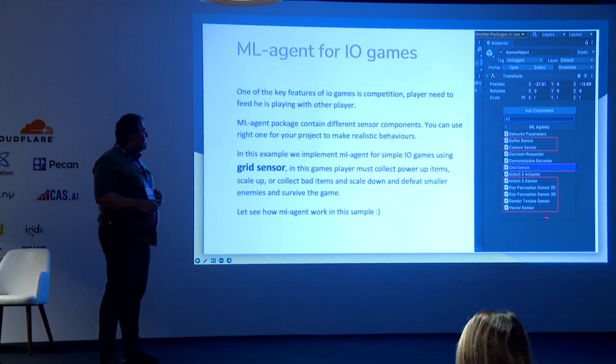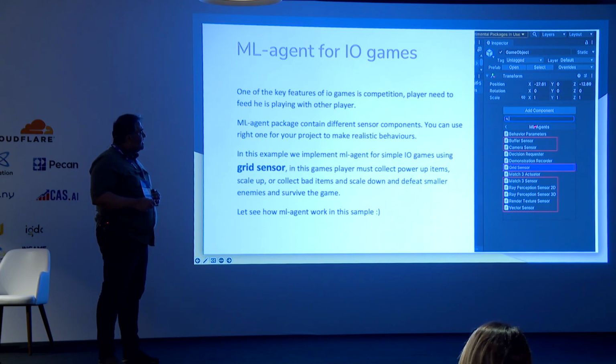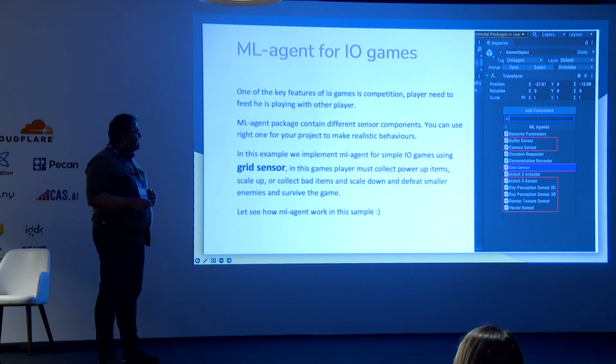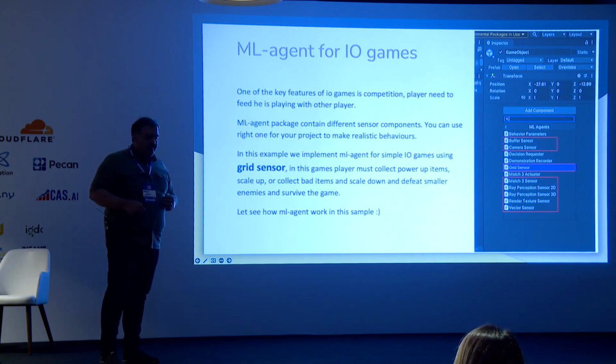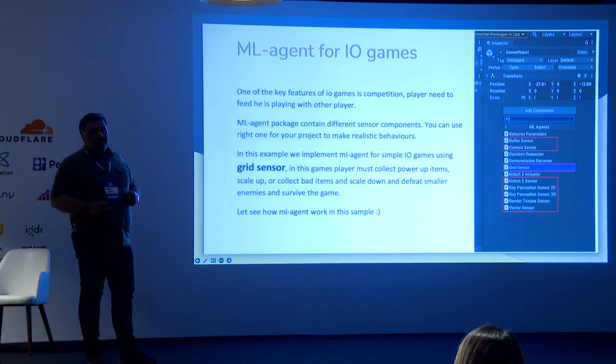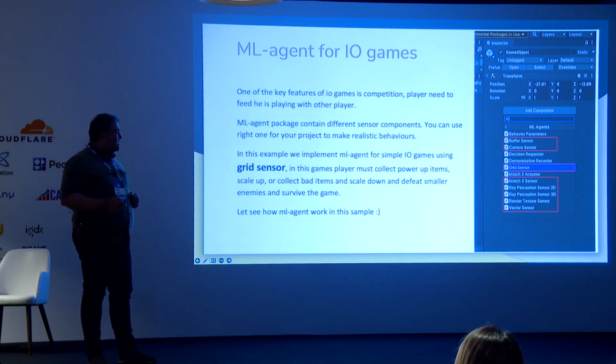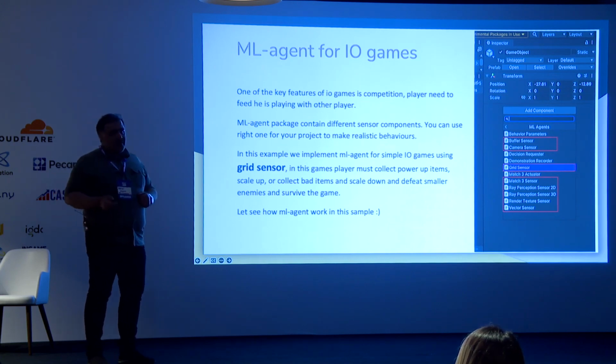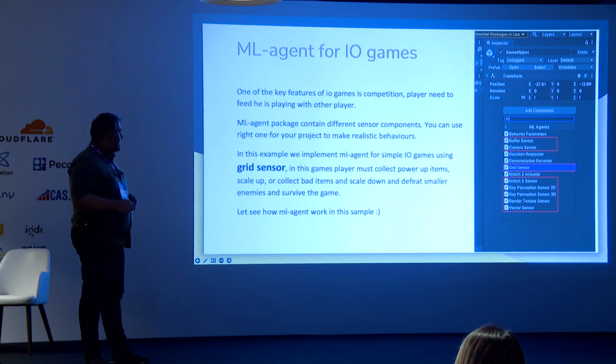We have different sensors inside the ML agent component. In this case, for the IO game, we use the grid sensor. The grid sensor helps the ML agent to monitor and see everything happening inside the scene, and we gave tags to this sensor, and the agent can recognize and follow the other tags inside the scene.